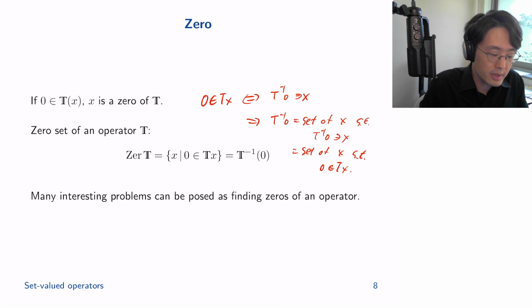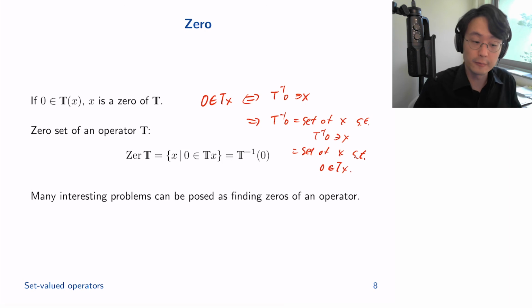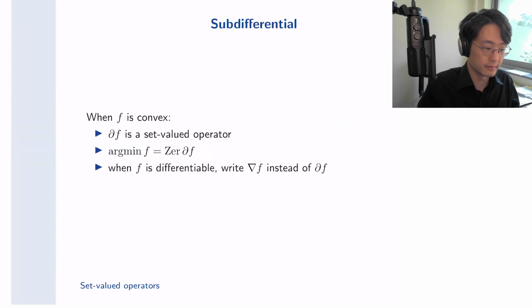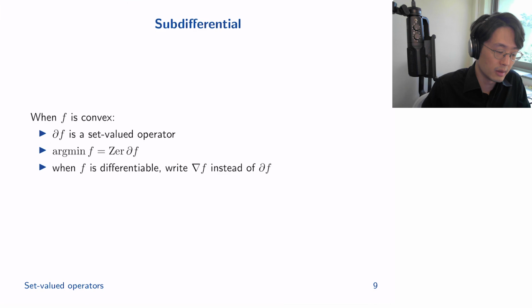Many interesting problems can be posed as finding zeros of a multi-valued operator. In particular, many optimization problems can be posed this way. Many solutions to convex optimization problems can be posed as finding a zero of what's called a monotone operator. Next, let's talk about the subdifferential as an operator.